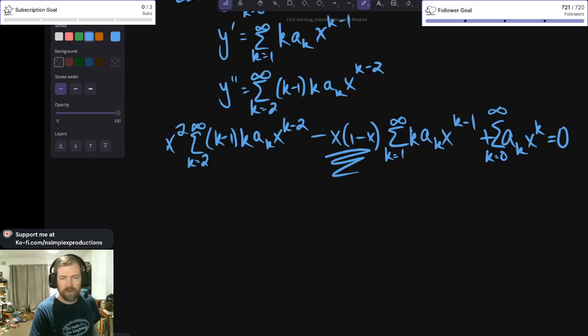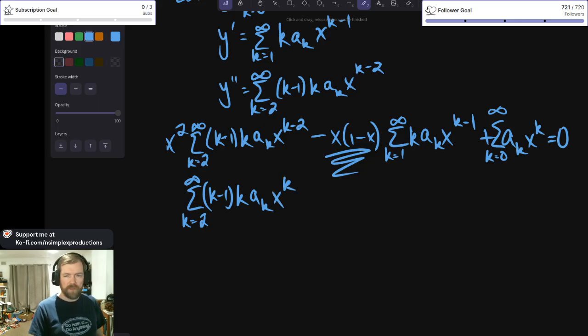So for here, we end up with, again, k is 2 to infinity, k minus 1, k, a sub k, x to the k. Then this one is going to be a minus x plus x squared.